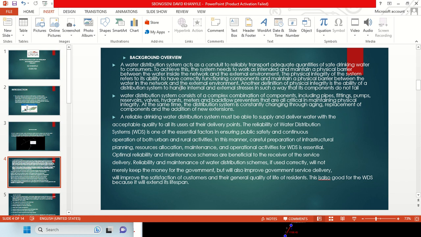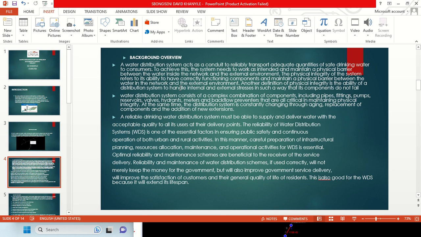A reliable drinking water distribution system must be able to supply and deliver water within acceptable quality to all its users at their delivery point. The reliability of the water distribution system is one of the very important factors in ensuring public safety and continuous operation of urban and rural activity.